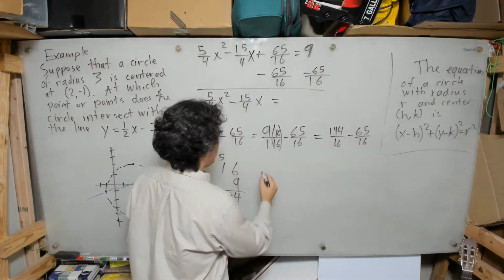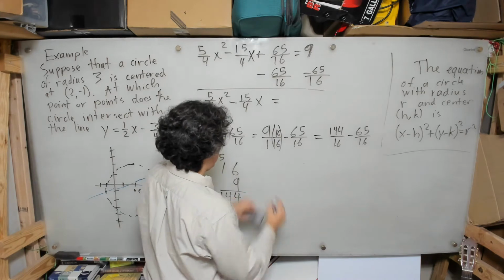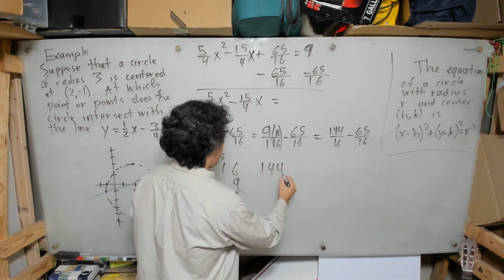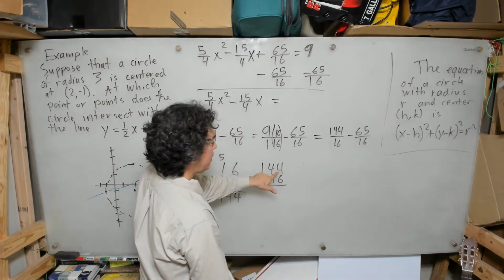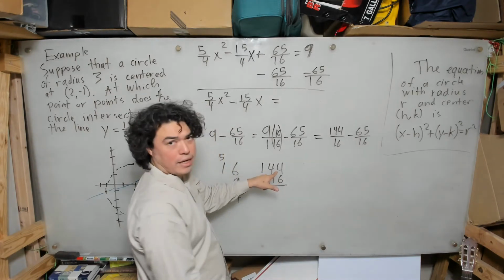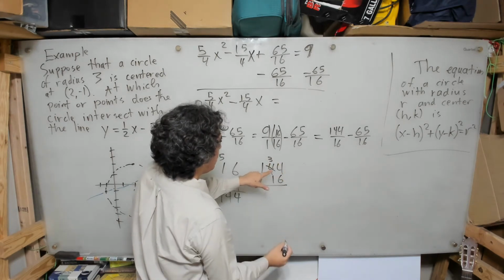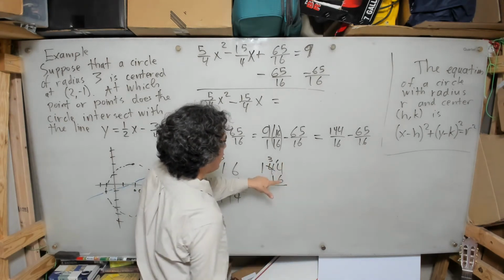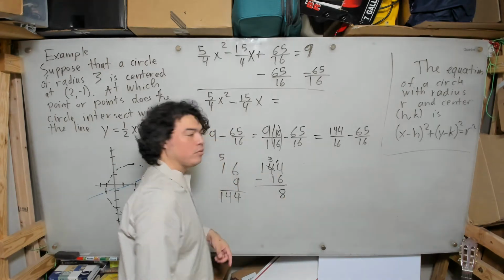Now I'm going to perform the subtraction. 144, okay, what's going on here? 144 minus 16. Can I take 6 away from 4? I cannot. So I'm going to need to borrow from here. This is going to become a 3, and this is going to become a 14. Can I take away 6 from 14? I can, indeed. It'll be 8. You can verify that.